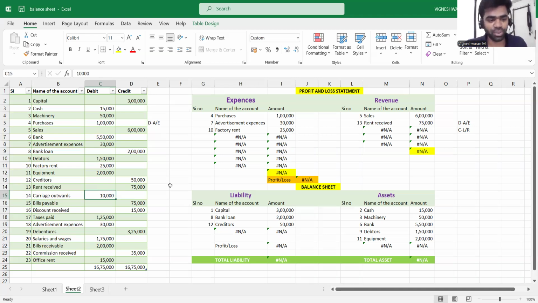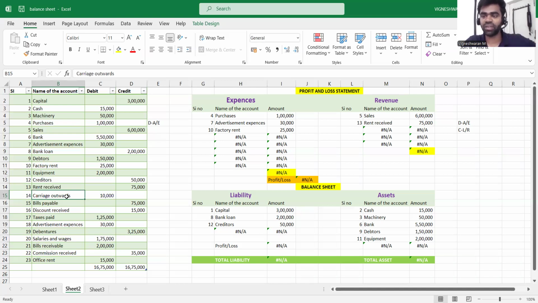Carriage outwards is something related to logistics: movement of a product outside my factory. For example, I have a biscuit manufacturing factory, and I take the finished biscuits to a retail shop.